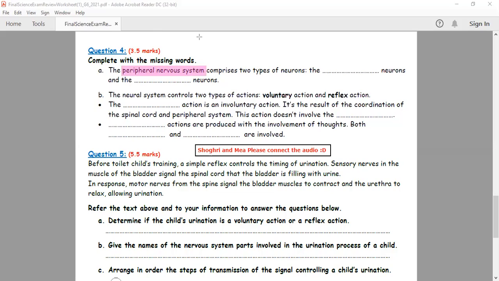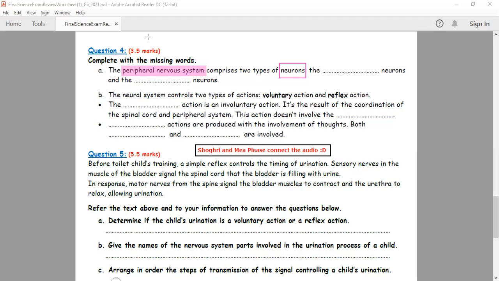The peripheral nervous system contains 2 types of neurons. There are the neurons that take the messages from the brain and the spinal cord to the organs, and the neurons that bring the messages from the organs to the brain and to the spinal cord. Are you getting this?